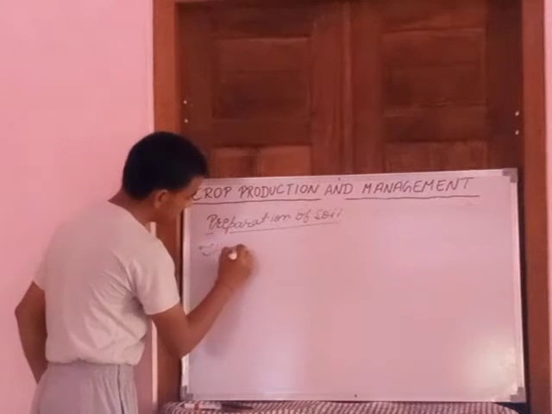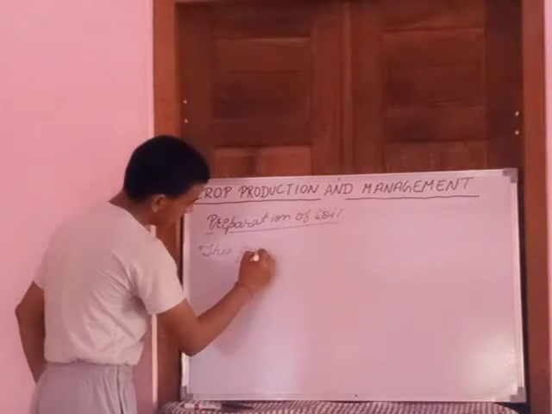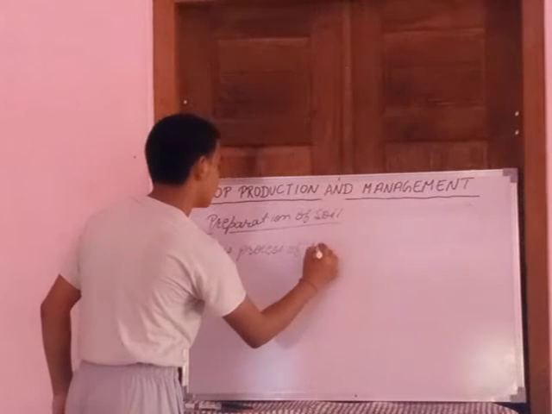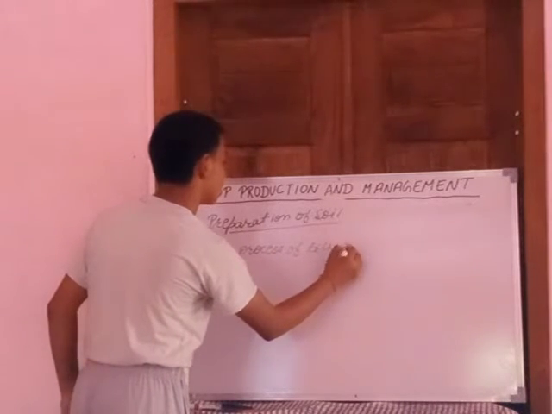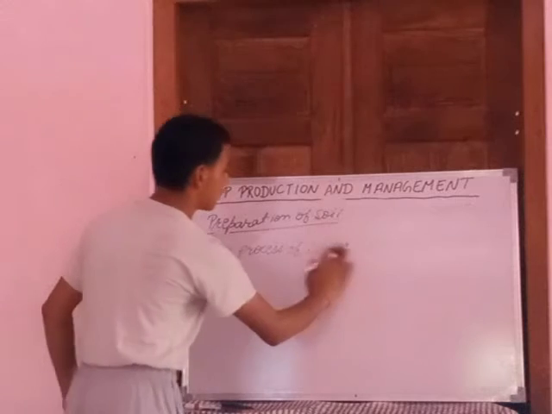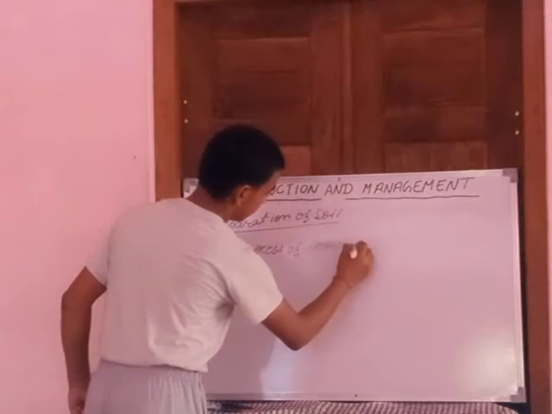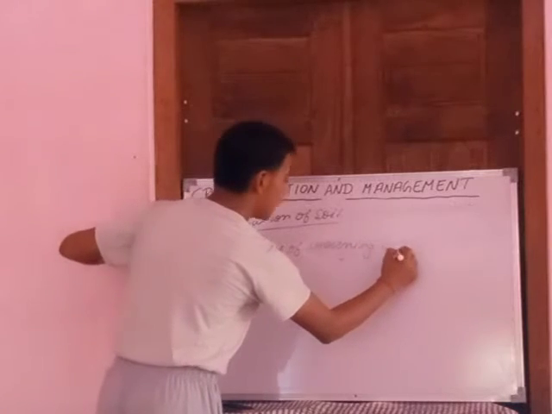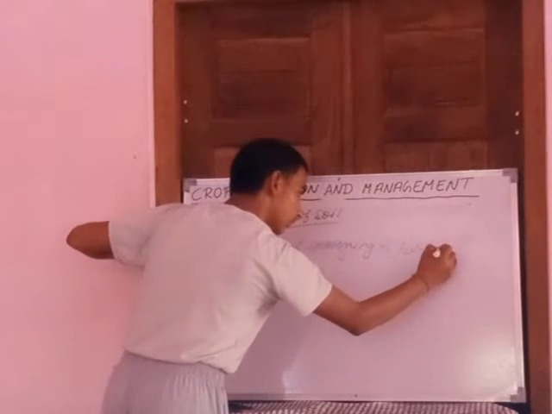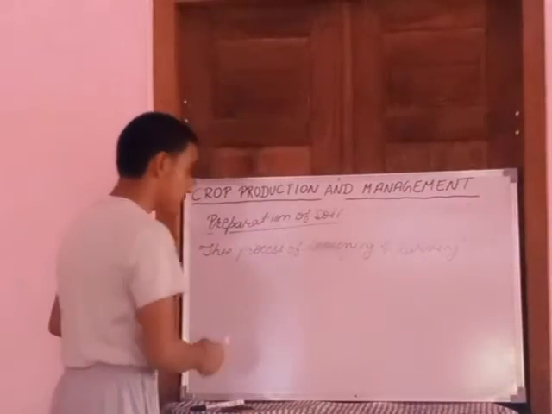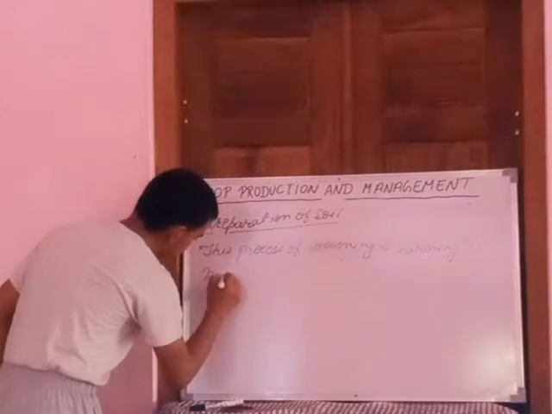This process of tilling, of loosening and turning the soil, is known as plowing.